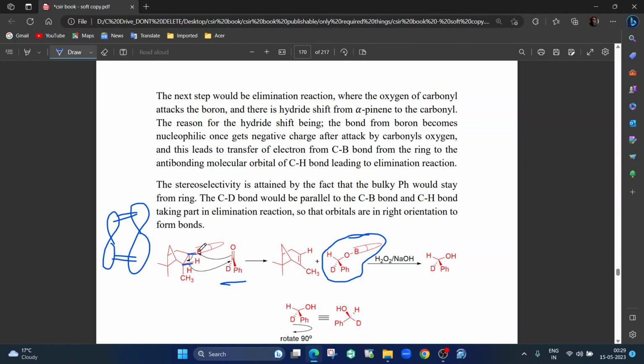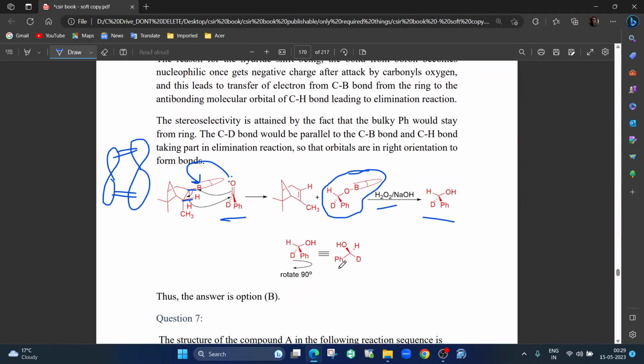See, boron has 3 groups attached and is neutral. Its octet is not complete, and therefore initially a lone pair of electrons will attack. So instead of showing it in 2 steps, I have shown in 1 step that the pi bond is attacking here. You get this. Now when you treat with H2O2 and NaOH, stereochemistry will be retained. Okay. So this becomes OH, and you get this.